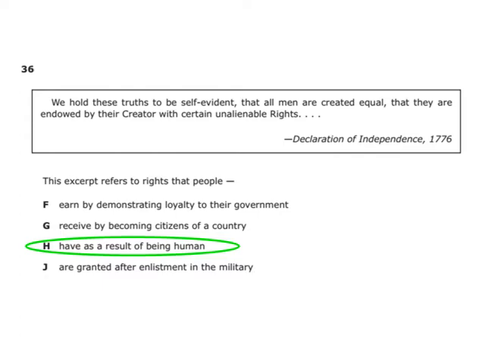And I know you're thinking, what? Wait, huh? Well, think about this. This says, we hold these truths to be self-evident. They're obvious. They're evident in and of themselves without us having to do anything. All men are created equal. So you're born equal. So just by being human, you should have these rights. That's the point that it's talking about.